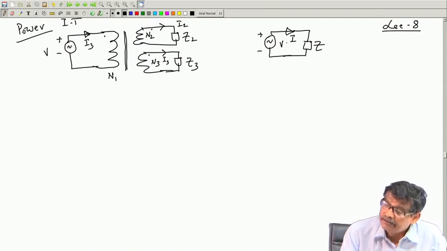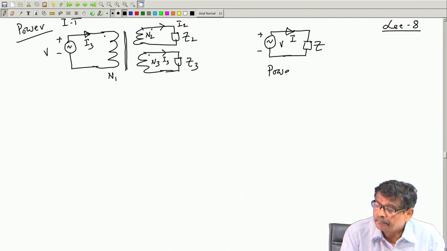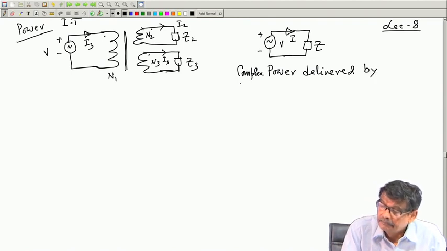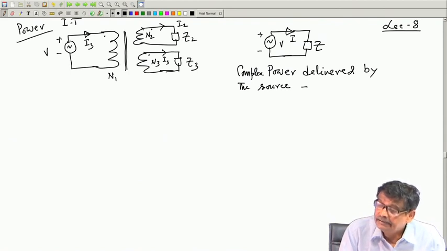Then I will write it like this: complex power delivered by the source is given by V I star.